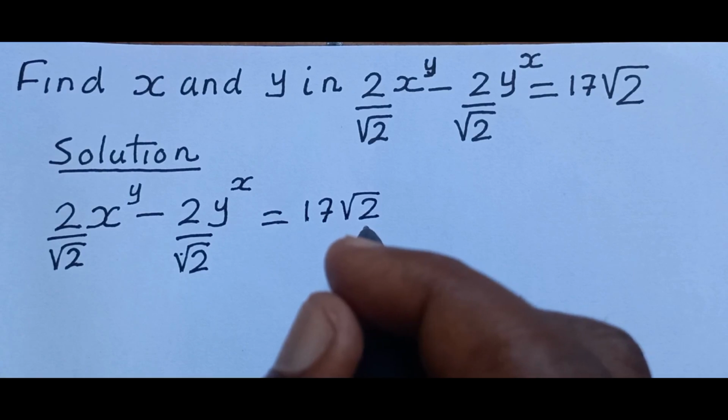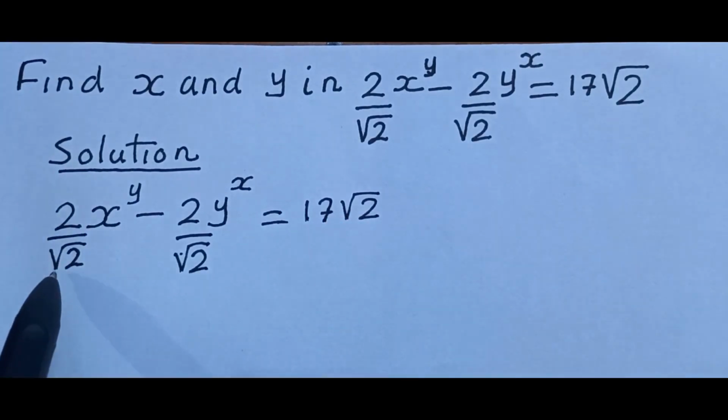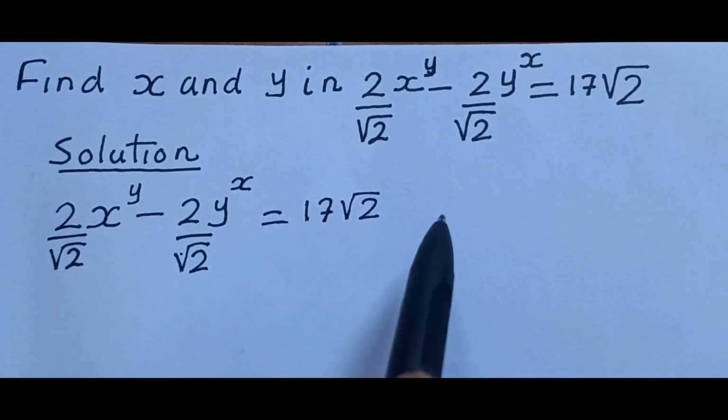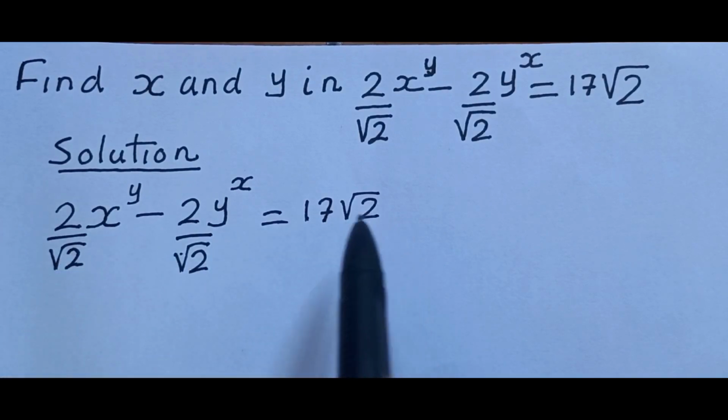In the first step here, multiply radical 2 throughout the equation on the left hand side and the right hand side.